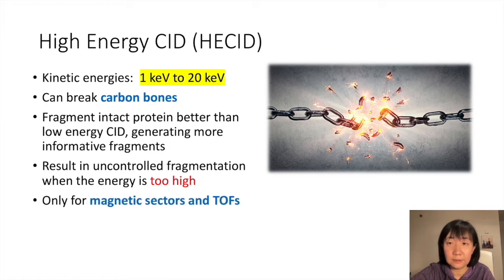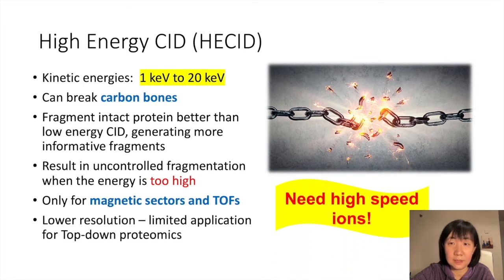High-energy CID can only take place in magnetic sectors and TOFs because ions can be accelerated to very high kinetic energy only in these instruments. So the application of HE-CID to top-down proteomics is limited because the resolution of TOFs is not as good as FTICR and Orbitraps.